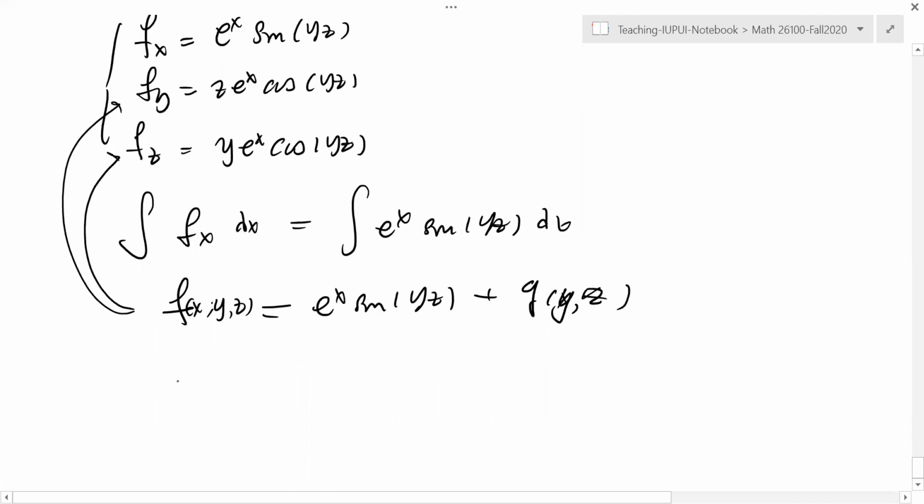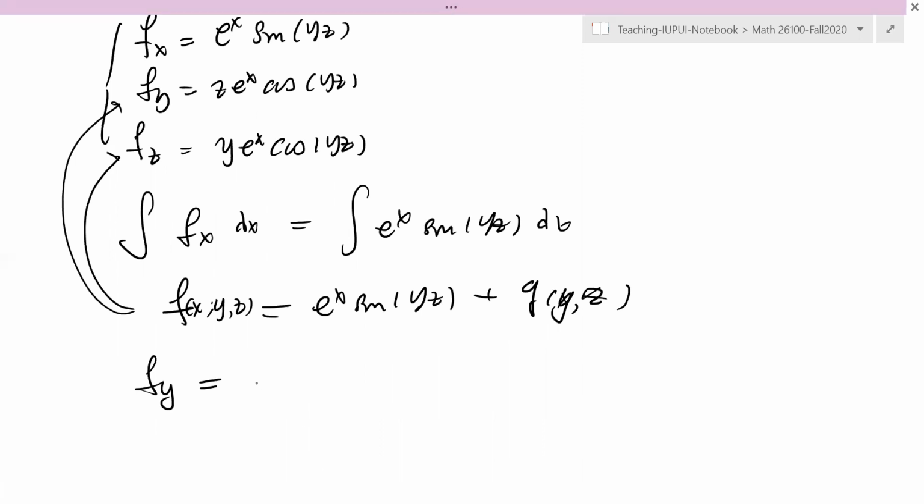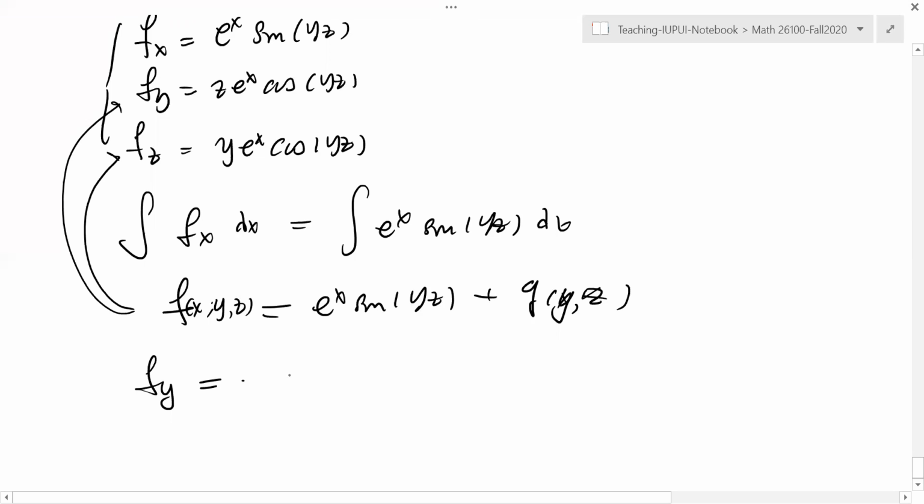When I apply the second equation, fy equals, when I differentiate with respect to y, I got z in front of that. Let me rewrite it again. So I got z e to the x cosine yz plus gy.